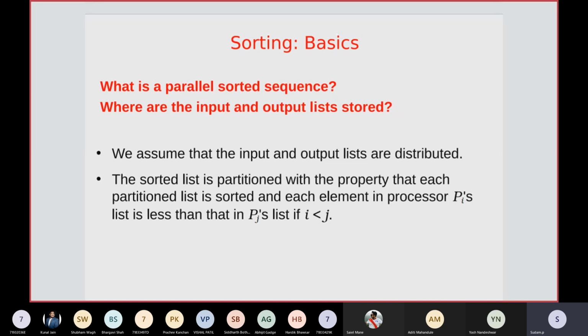And you have to remember here, P0 will have the sequence which is less than the sequence available on P1, and P1 has a sequence which is less than the sequence available on P2. If it is not, then you need to compare and exchange the sequences among these two processing elements, P0 and P1.